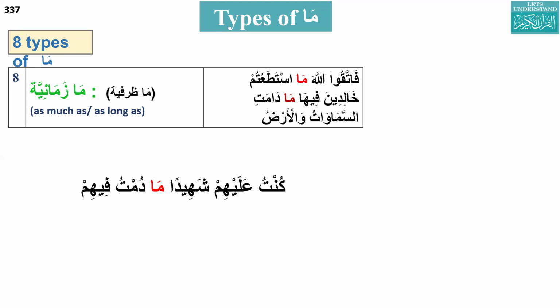So ma plus dumtu, ma plus dama. This ma is ma zamaniya. Here we can translate it as: I was a witness upon them as long as I remained among them. So this ma is telling us about the time or quantity.